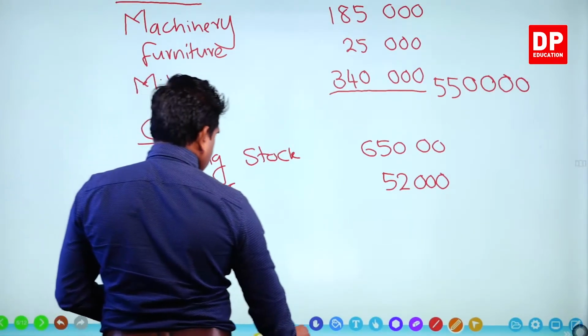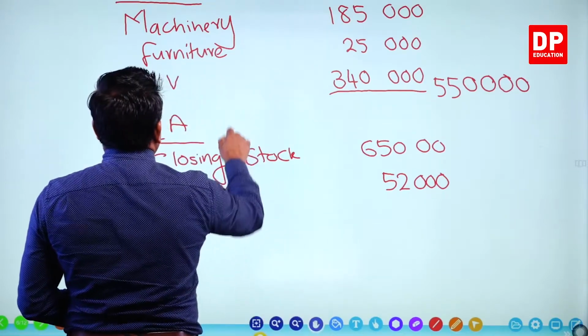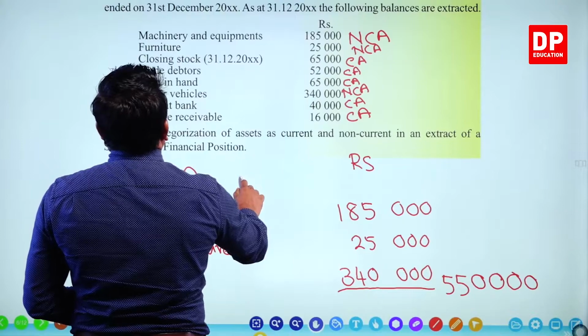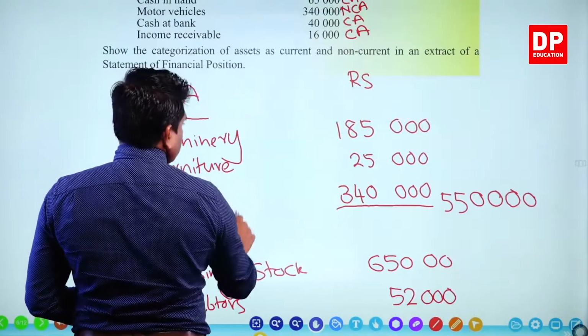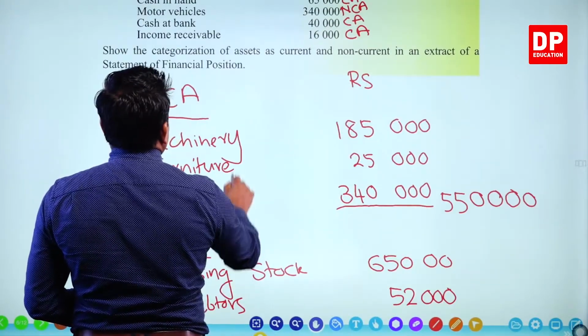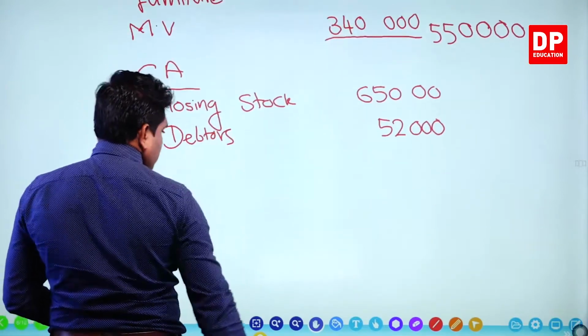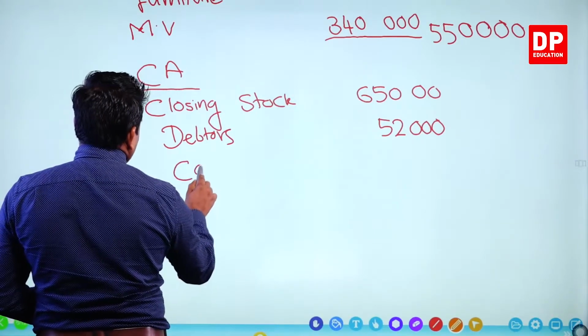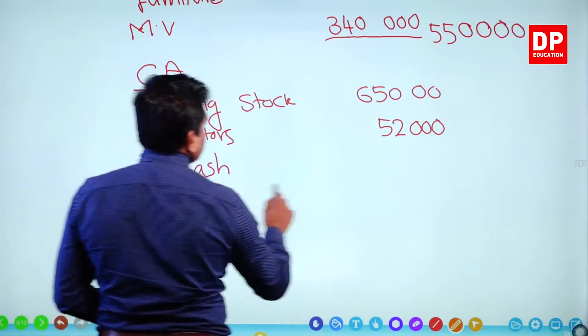Then next one, cash in hand 65,000. Cash in hand means cash, right? You can write if you want only cash. 65,000.